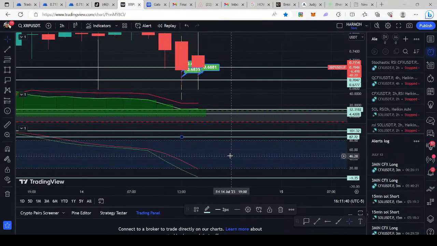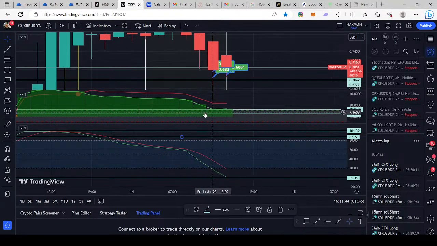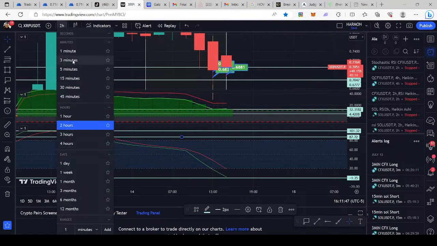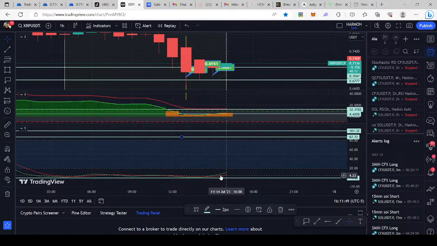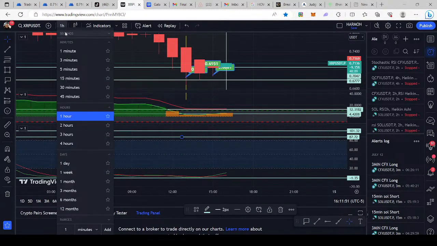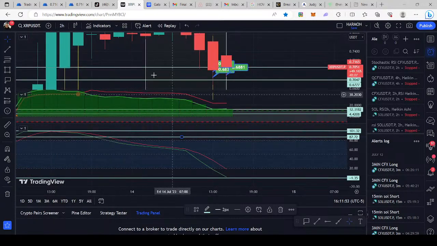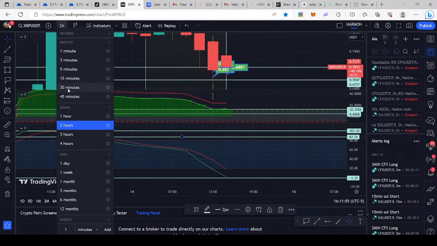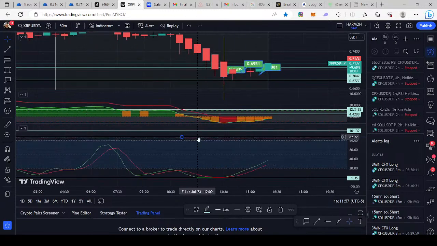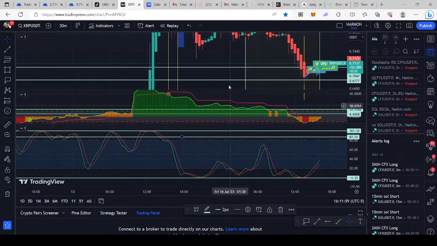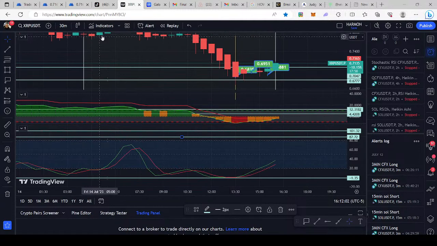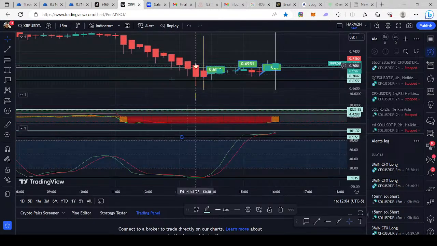All right, so now that we got that done, we're going in to see where this long is starting to develop. First thing we do is wait for our 1 hour to hit the bottom. Once the 1 hour hits the bottom, we check the 2 hour. It's still coming down, so we let that come down. In the meantime, we check our 30. We let the 30 bounce up, come back down, and when that starts to settle in, we allow the 15 and 30 to go up and down and then create the level of the buy zone.